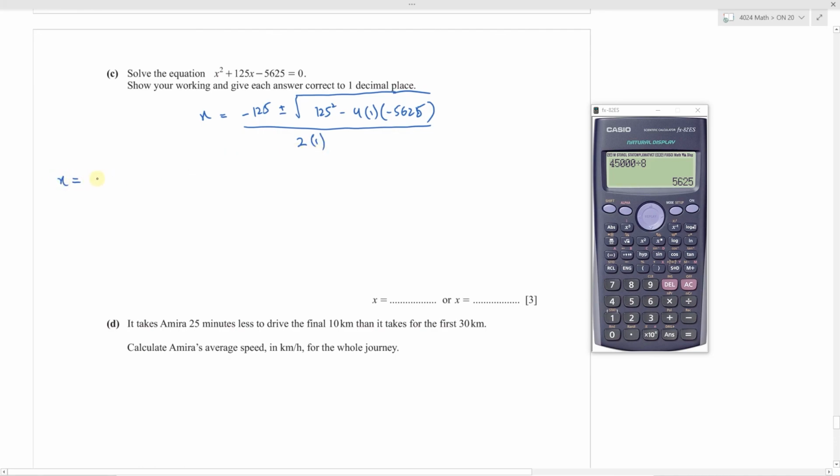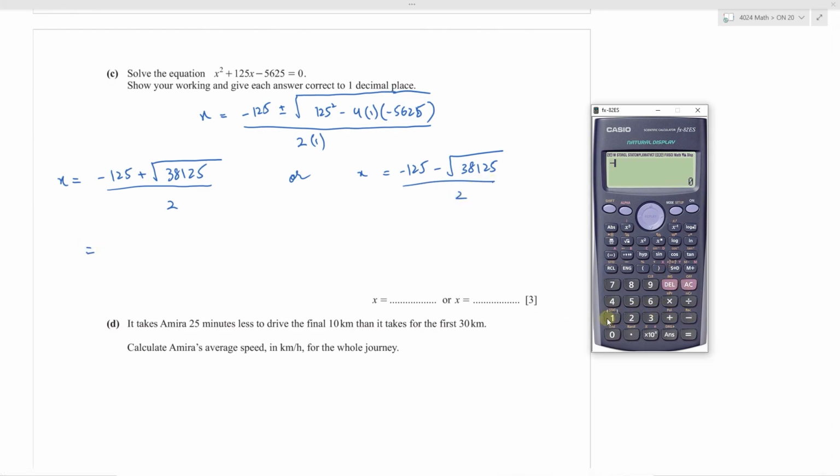So x will be minus 125 plus square root of 125 squared minus 4 into 1 into minus 5625, which is 38125, and then divide by 2. And the other value will be x equals minus 125 minus square root of 38125 divided by 2.